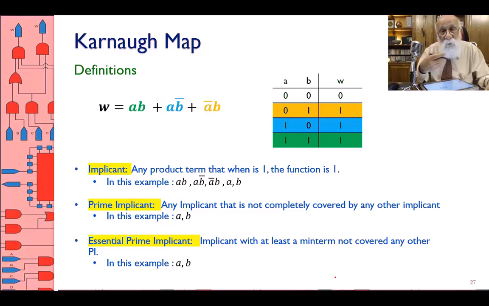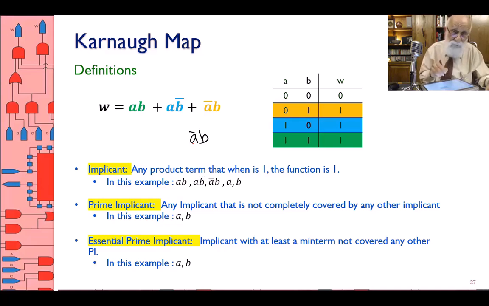Let's do more definitions. This function has three product terms. These are sum of products, and these are the standard sum of products. This function has A bar B that makes it a 1.